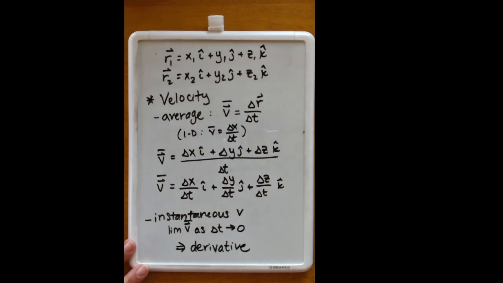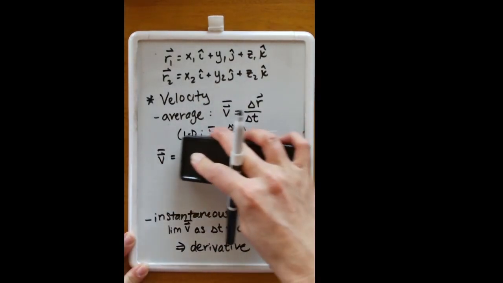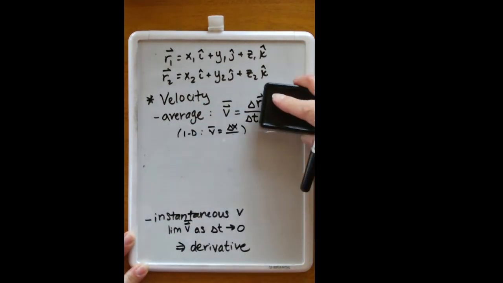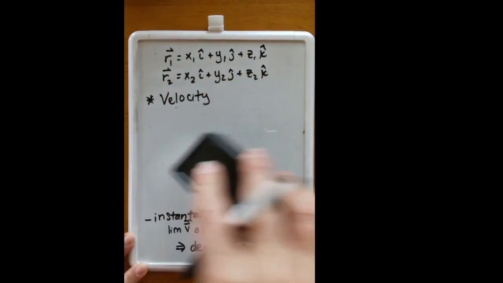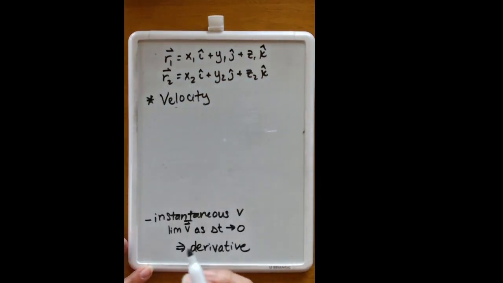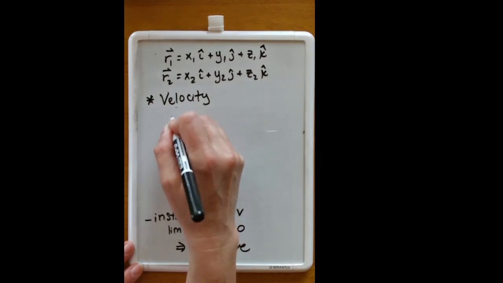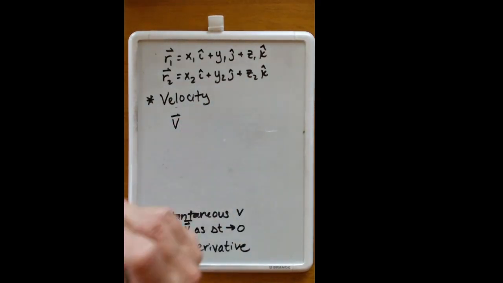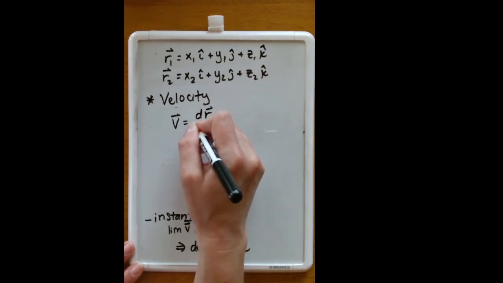So I'm going to go ahead and erase our average velocities here. Most of the time you're going to be talking about instantaneous velocity when you're using derivatives. So in this case, our instantaneous velocity, our vector v, would be dr over dt.